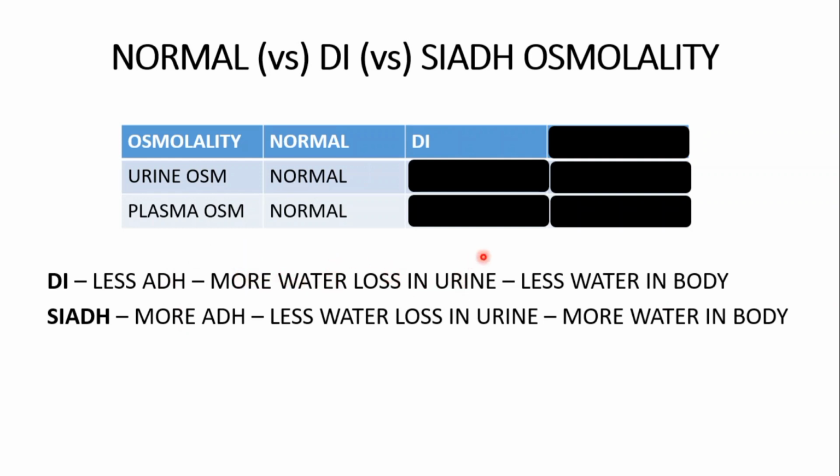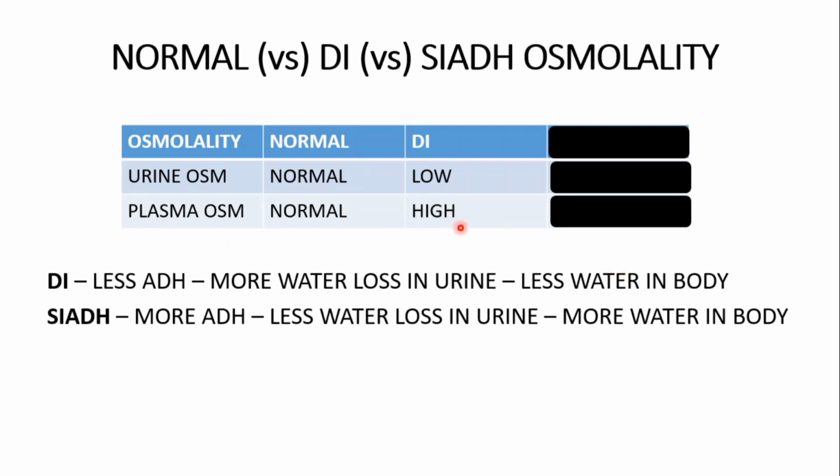Now take this urine compartment, more water in urine, so the electrolytes would be less. Since the electrolytes are less, the urine osmolality is low. But since all the water is lost in urine, in the body there would be less water. So in the blood vessels, the water is less, so the electrolytes would be more. This shows why there is high plasma osmolality.